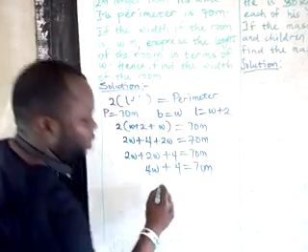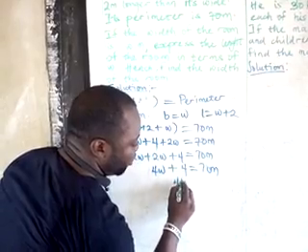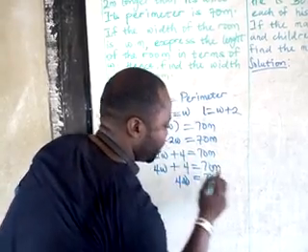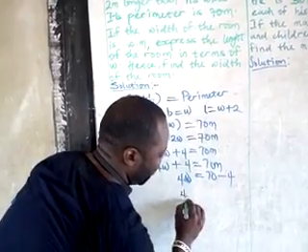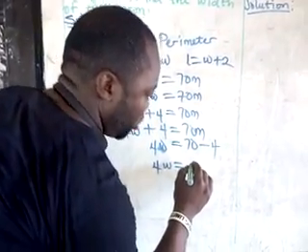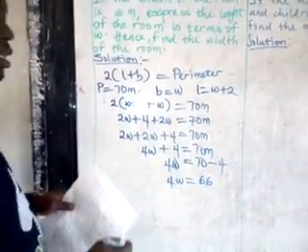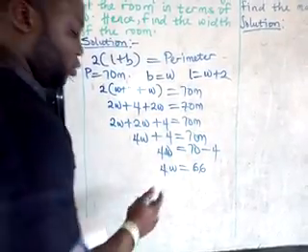So what's the next thing? We now have 4W, making our 4W stand alone, equals 70 minus 4. So what do we have? 4W equals what? 66. So what's the next thing? We divide both sides by the coefficient of what? The unknown. And what's the coefficient of the unknown? 4.